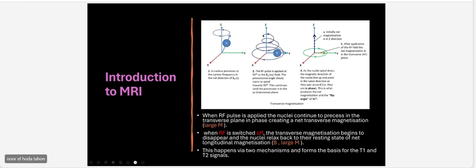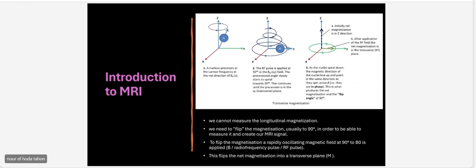With time, this starts to decrease and this starts to increase after the application of the radio frequency. This is also called a 90-degree flip. So just to remember, this is the Z direction, and this is the XY direction, the transverse plane, which is important for the creation of our T1 and T2 images.